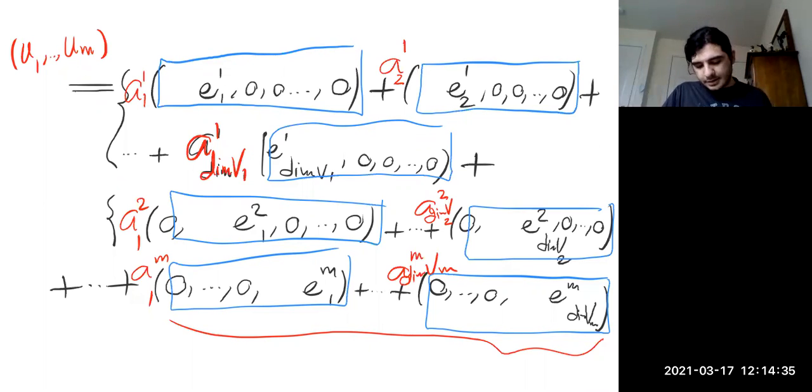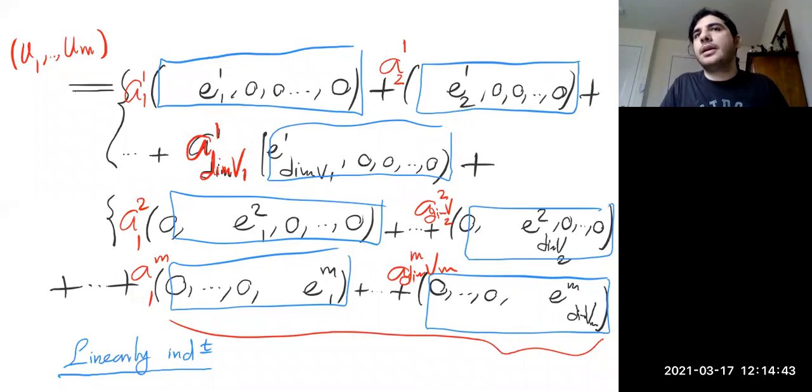The second thing is we should show they are linearly independent. I would leave that to you as an exercise to think more about. And after we do that, we are done. We have a set of vectors. They generate this space. They're linearly independent. They have to be the basis of that space. So we have a basis for the product space.